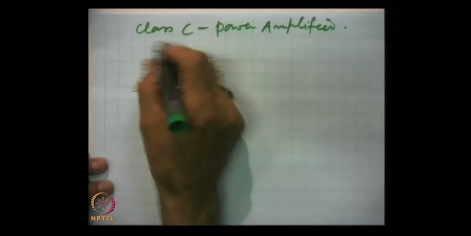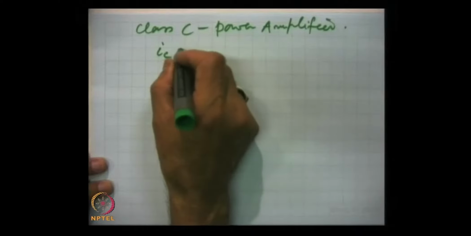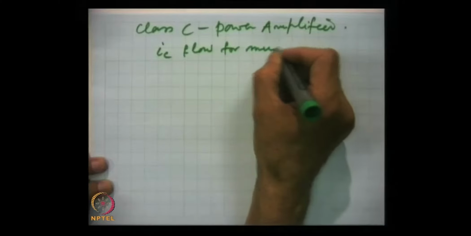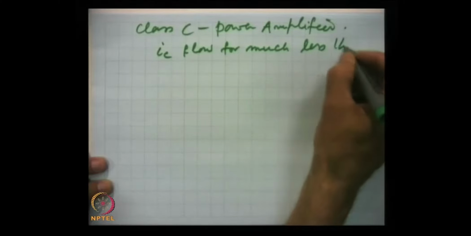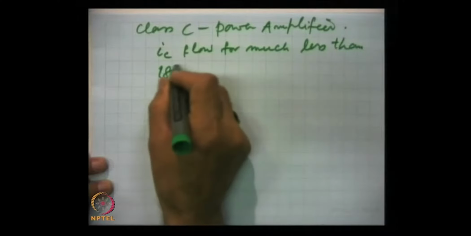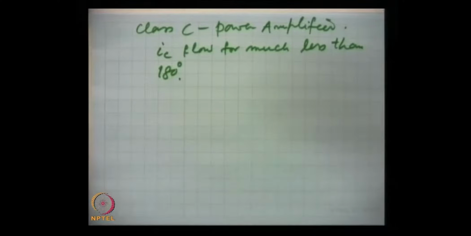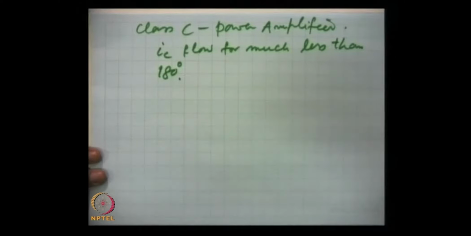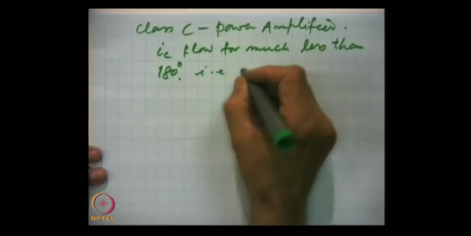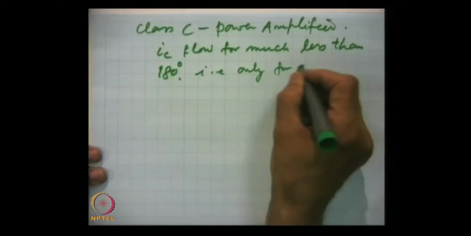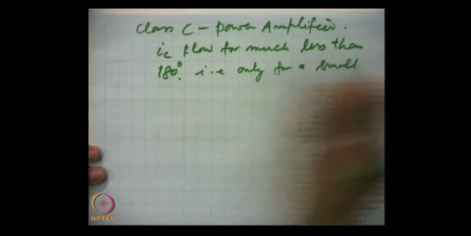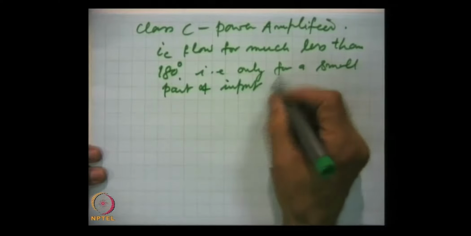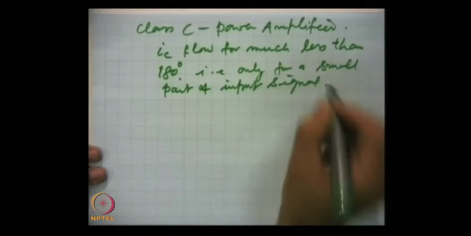This is IC, the collector current flows for much less than 180 degrees, that means only for a small fraction, only for a small part of the input signal.